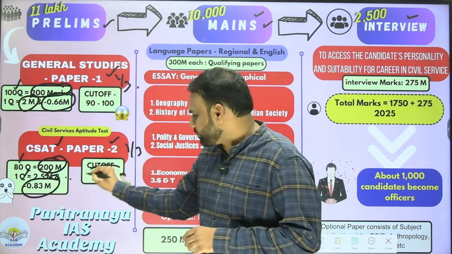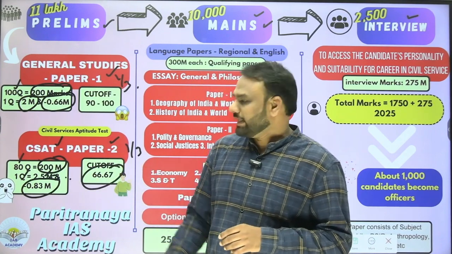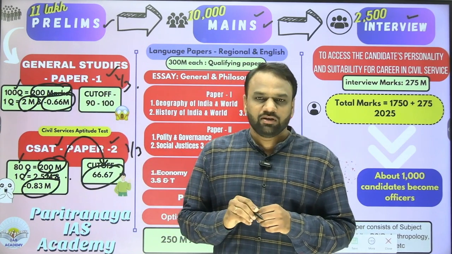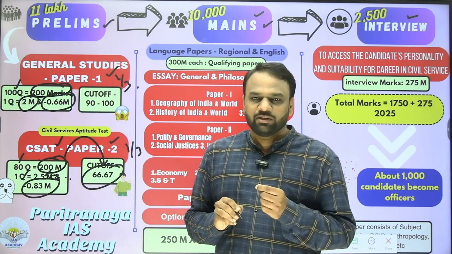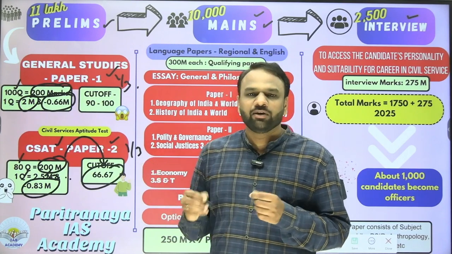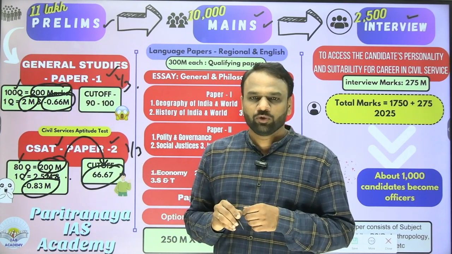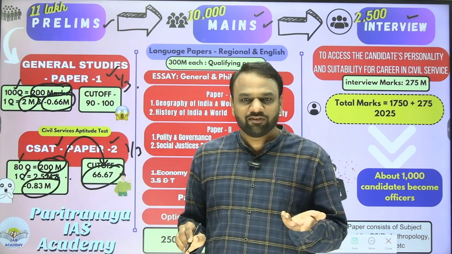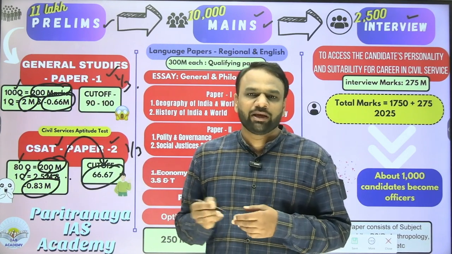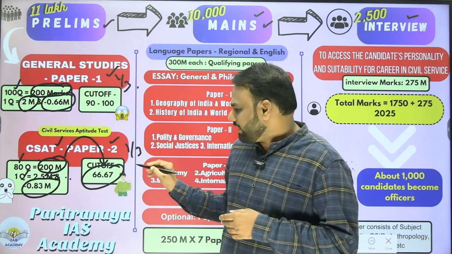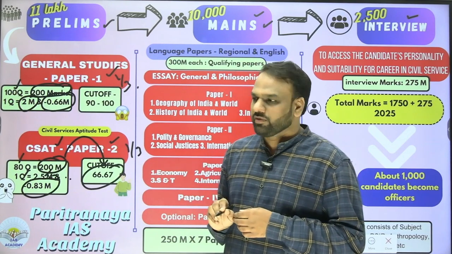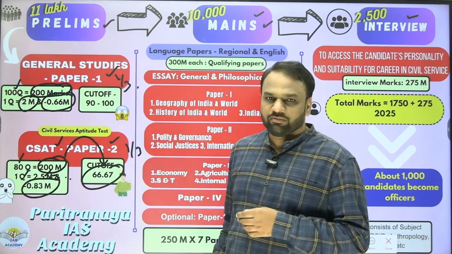That cutoff is 66.67 marks out of 200. Even if you get 66.5, which is 0.5 marks less, you will not qualify to mains. On top of 66.67, whether you get 67 or 199, it will not make any difference. The basic marks you are supposed to secure is 66.67, and every year it remains the same.